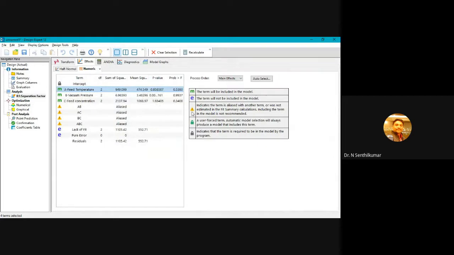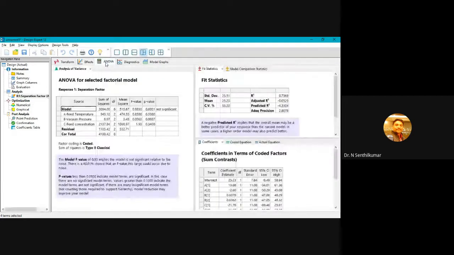Now I will be going with ANOVA. The model that we have developed for these readings is not a significant model. Why? Because here you have to check the fit statistics.